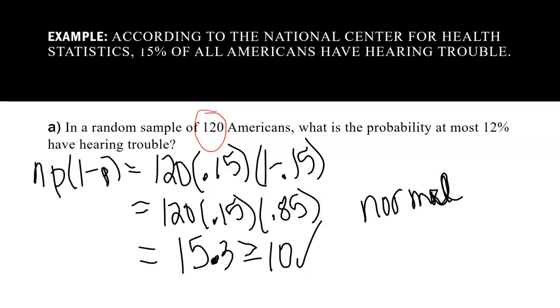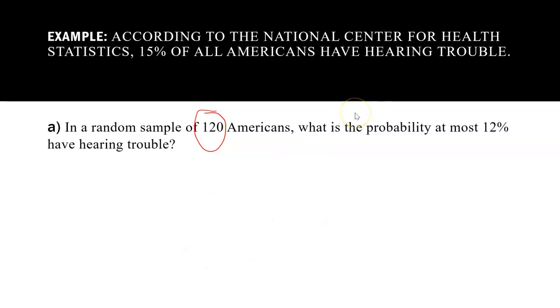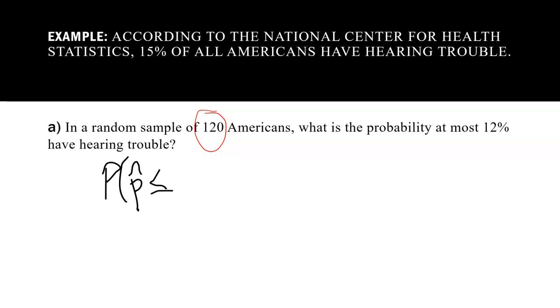The sampling distribution of the sample proportion is going to be normal because this value is greater than or equal to 10. So now I'm going to clear that out, because what we want to know is the probability that p hat is at most, so less than or equal to 12%, which is 0.12.